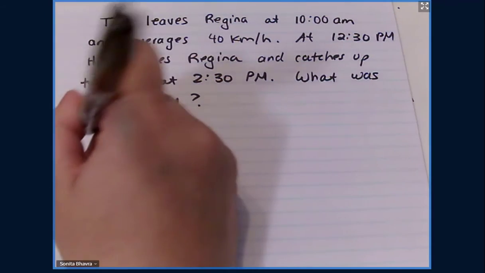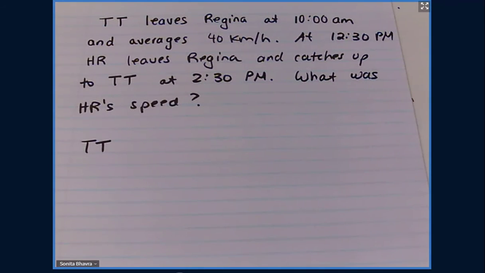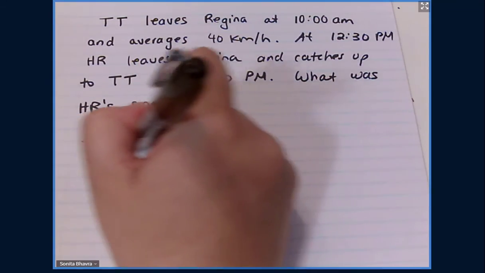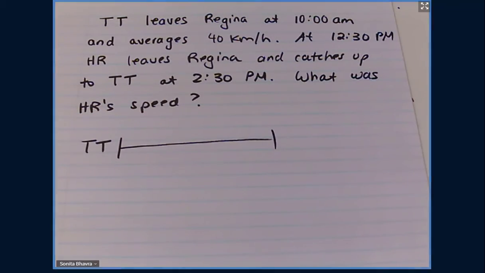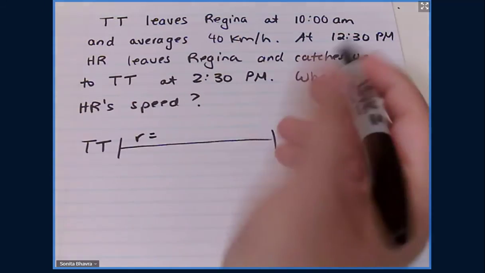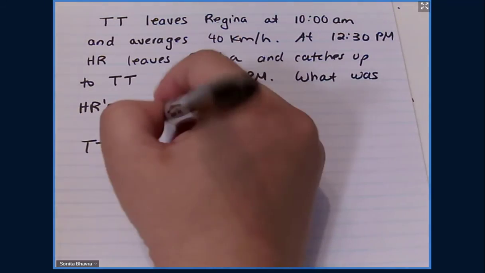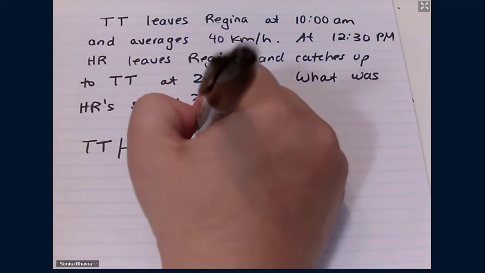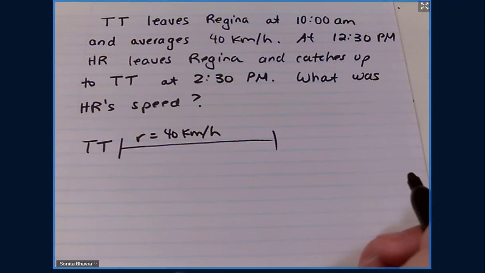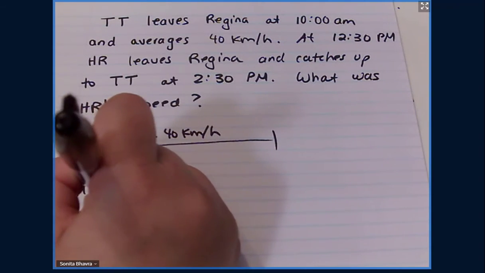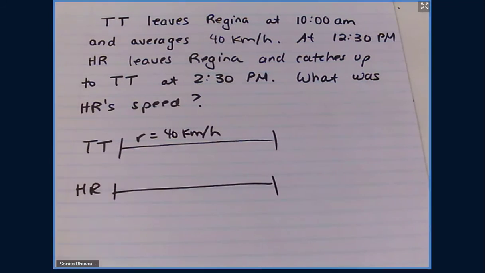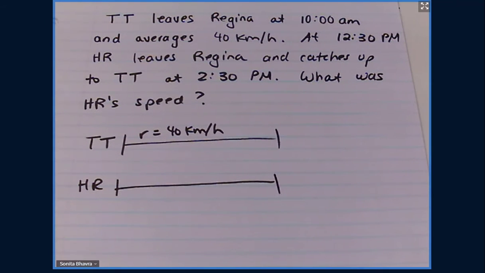Okay, so Turtle Terry and its rate. We know Turtle Terry has a rate of 40 kilometers per hour. And Hot Rod, we don't know the rate. That's what we're trying to solve for.